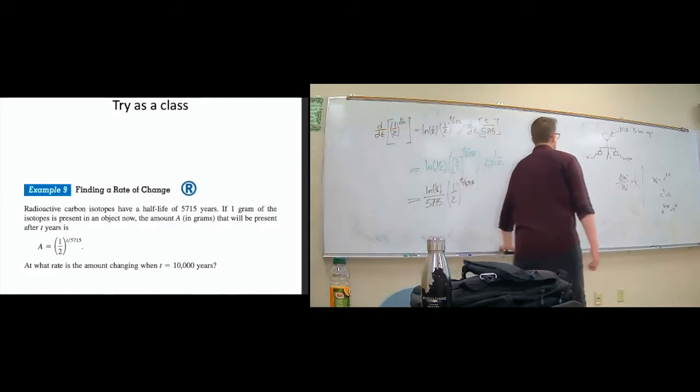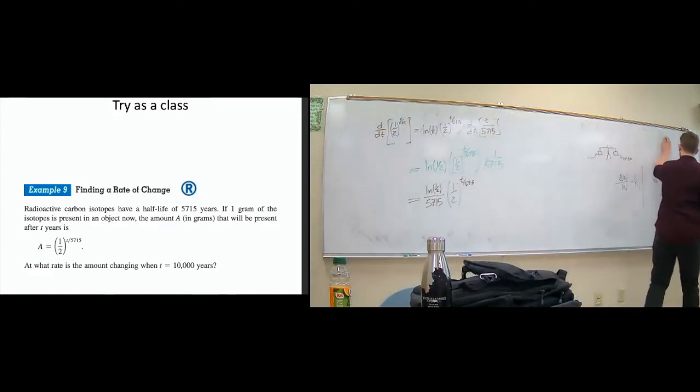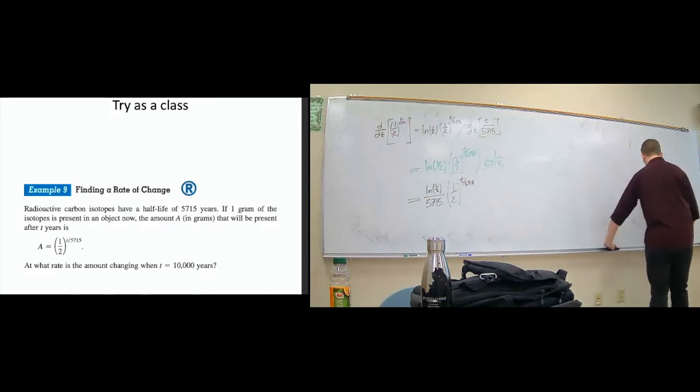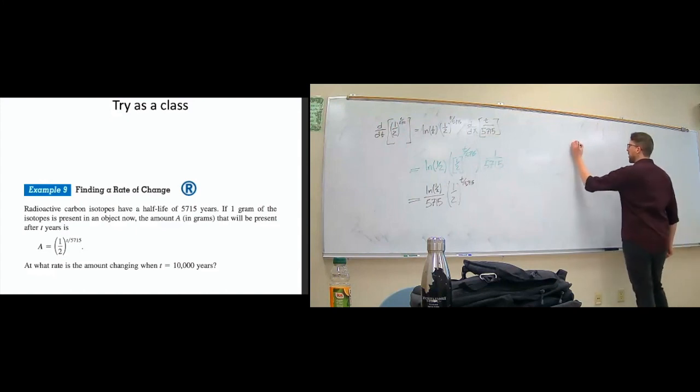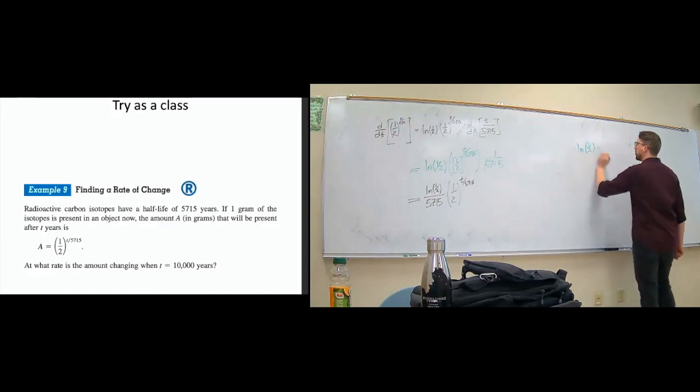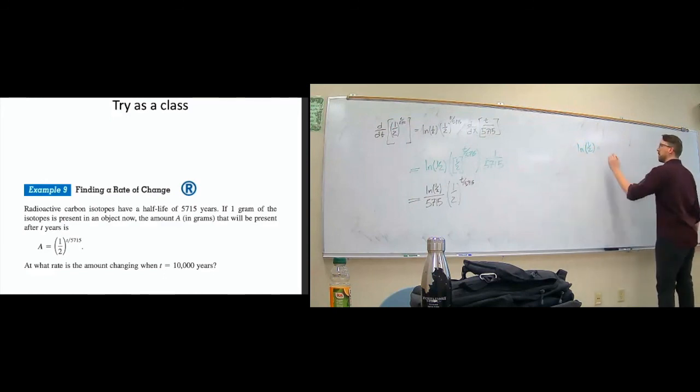So let's go ahead and see what it can be rewritten as. The ln of 1/2 is equal to, by properties of the logarithm, the ln of 1 minus the ln of 2.